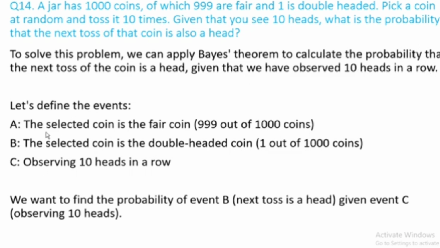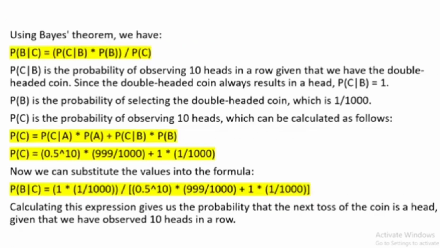Let's define the events. A: the selected coin is a fair coin, 999 out of 1000 coins. B: the selected coin is the double-headed coin, 1 out of 1000 coins. C: observing 10 heads in a row. We want to find the probability of event B, the next toss is head, given event C, observing 10 heads.